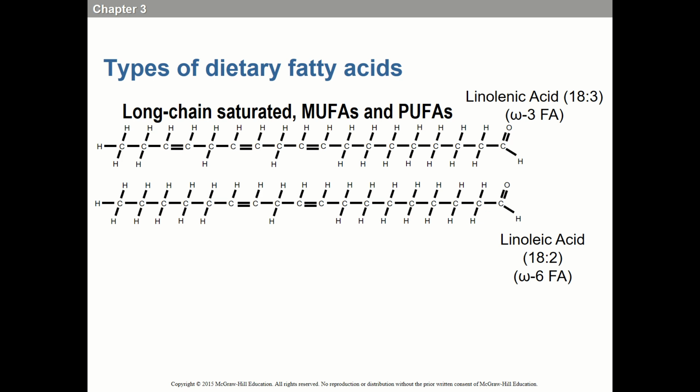Okay. Now, there are other ones that are probably a lot more important, like EPA being a 20 carbon, and DHA being a 22 carbon. I think DHA is 22 carbon. I can't remember exactly. But then here's the linoleic one. This is the only essential omega-6 fatty acid that we could hope to consume.